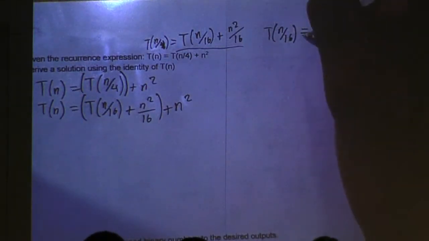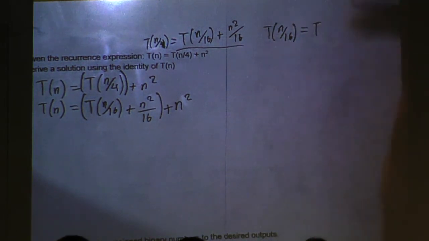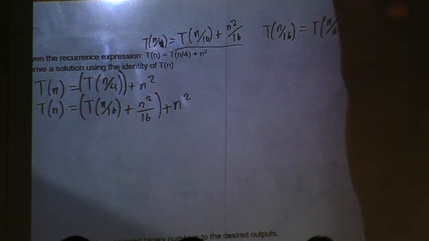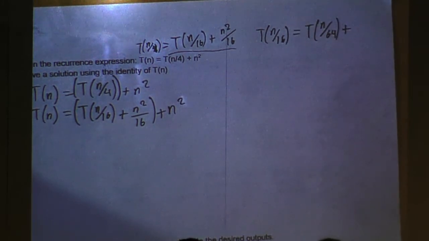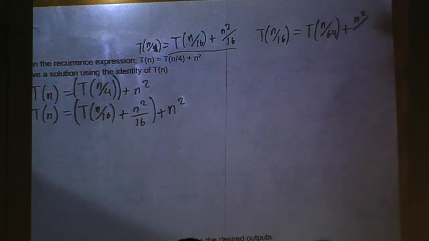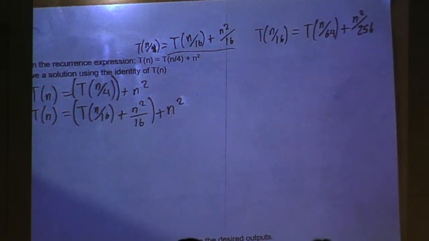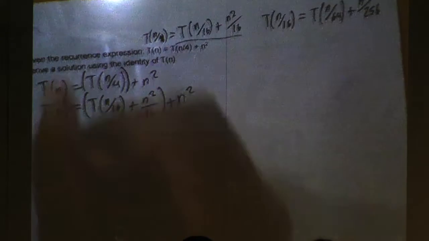So then the T of n over 16 is going to be T of n over 64 plus, okay, cool. That's 16 squared? It is. Okay. So then you just input this back into this equation again.